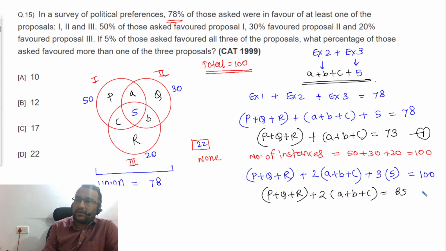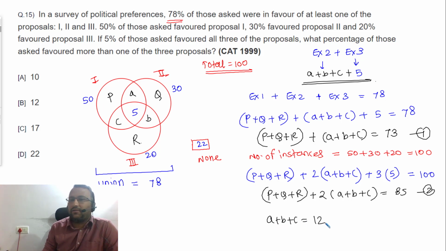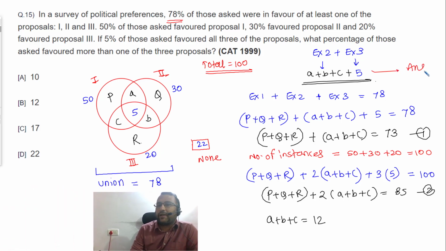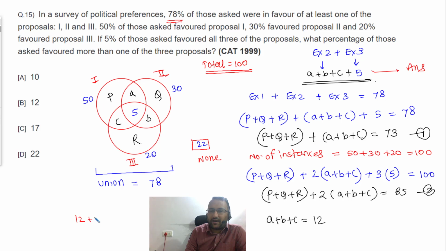Subtract equation 1 from equation 2 and you will get the value of A plus B plus C. That is 85 minus 73, which is 12. So our answer is 12 plus 5, which is 17. This is how we can solve this question.